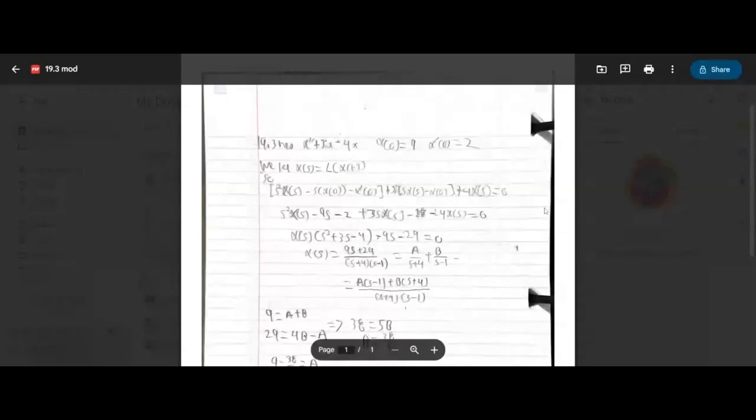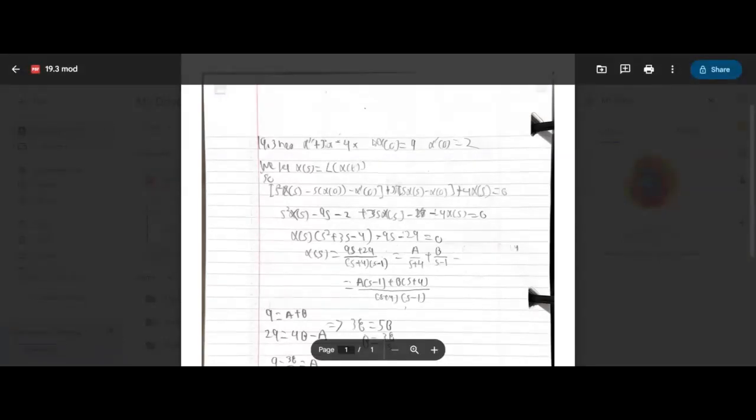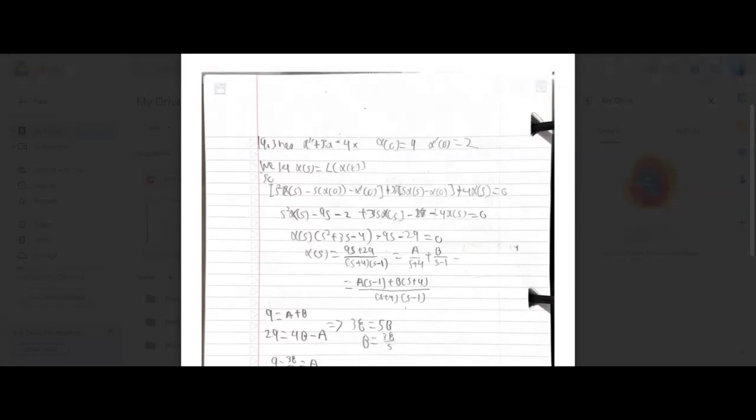So what I'm going to present is a modified version of 19.3, where I changed it to x double prime plus 3x prime minus 4x. Hold on a second. What is your equation? Do you have an equation to work with?